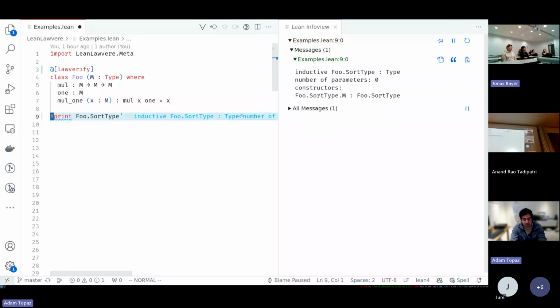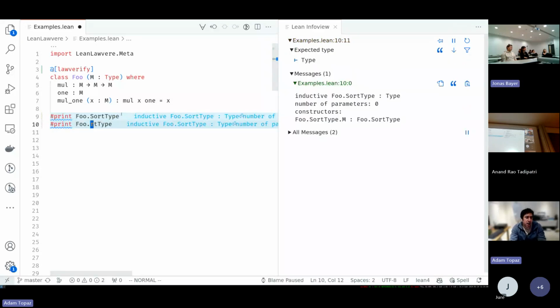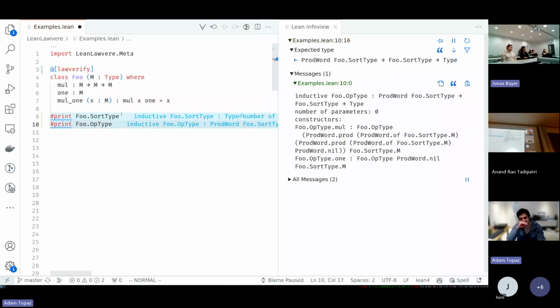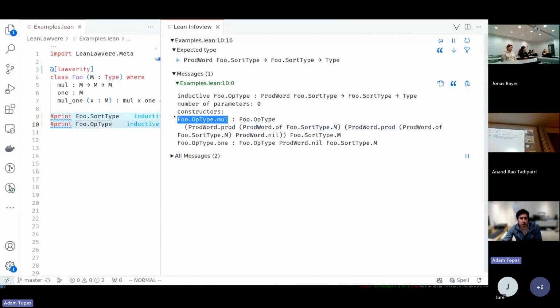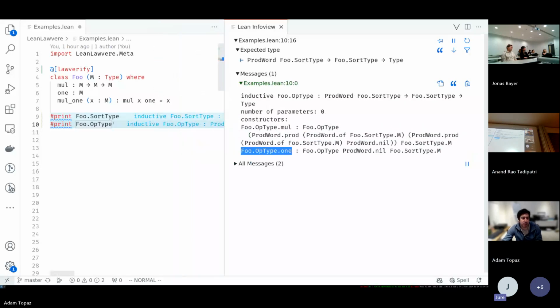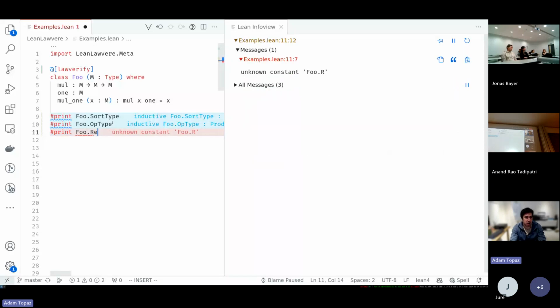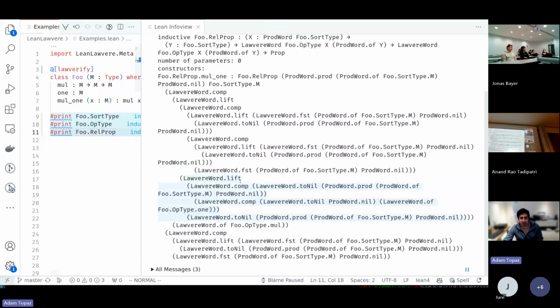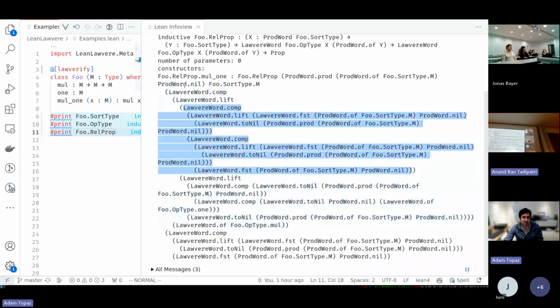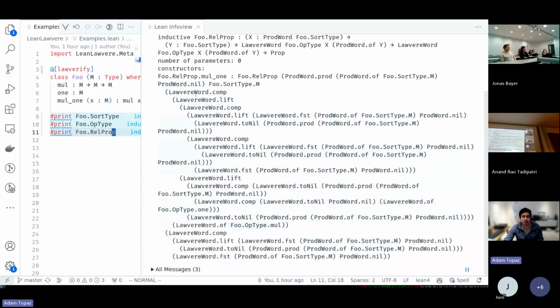It constructs op type, which is an inductive type with 2 constructors, one corresponding to multiplication, one corresponding to 1, with the correct types. It constructs rel prop, which is the binary relation. And you can see that it does it in a slightly different way, but turns out to be equivalent.